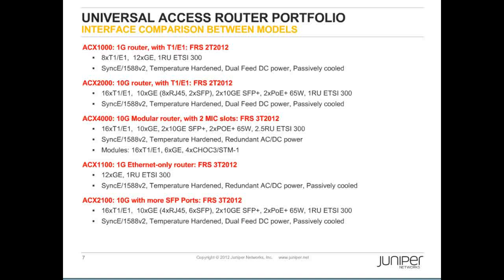So 2T refers to second trimester, July, and 3T refers to third trimester, November, and 1T is March. So there are 3 Junos releases: March, July, and November. The immediate 2 platforms that are available in July are the 1000 and 2000. 1000 is 1 gig with T1/E1. 2000 is 10 gig with T1/E1.